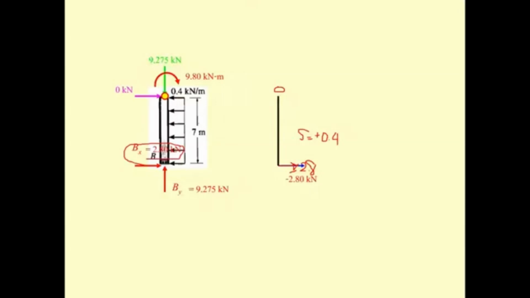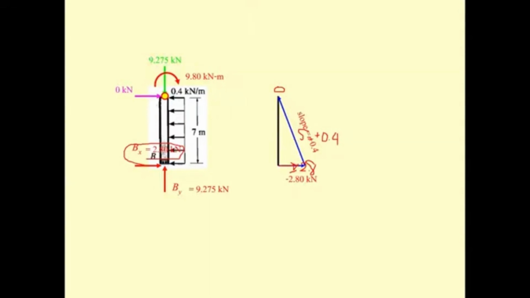So this one is for the right to the left. It's going to be positive. This taking care of the uniform load, the direction. If you consider the column with the uniform load from the left to the right, okay, that slope is negative. And from the right to the left, that slope is positive.